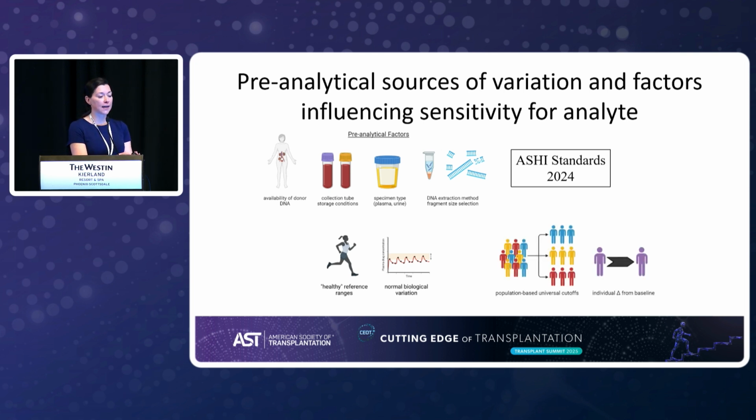So we also looked at data both using a population-based universal cutoff, similar to what the vendors are using. So you can send one test, your patient has a value of 2%, you say, oh, that's over the actionable threshold of 1%, it's abnormal, versus those that use serial measurements and establish changes from an individual's baseline to determine what's abnormal.